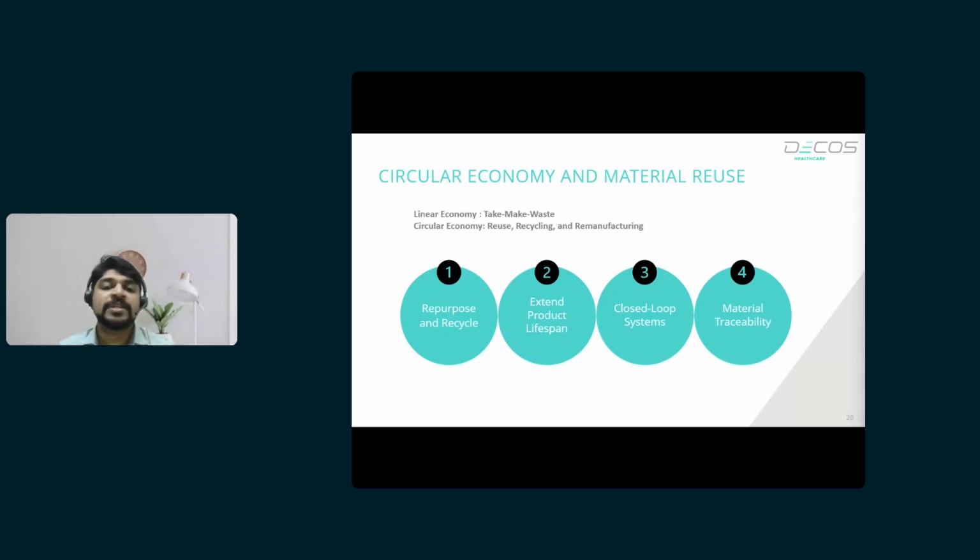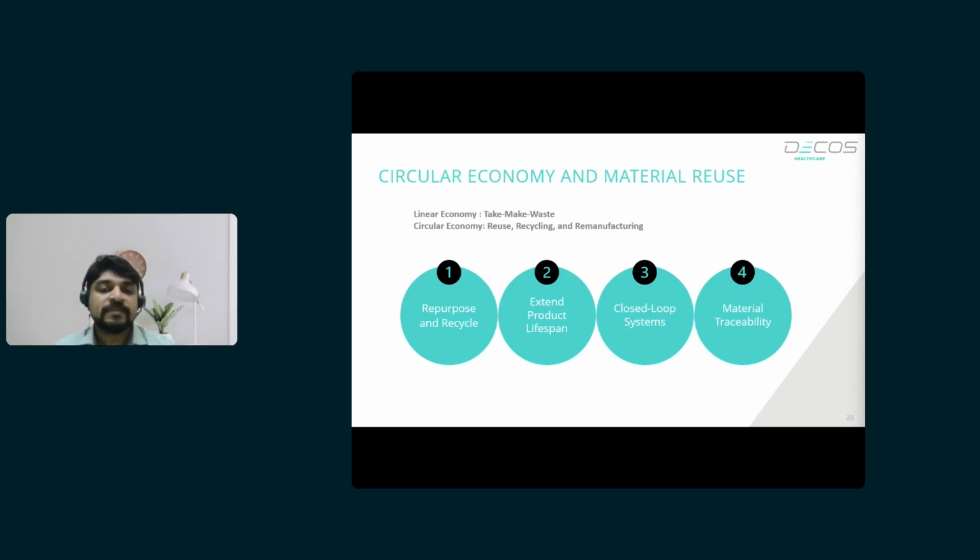The second is extended product life cycle. Strategies like repair, refurbishment, and remanufacturing aim to prolong the use of existing products. These reduce the need for new material and associated environmental burdens.